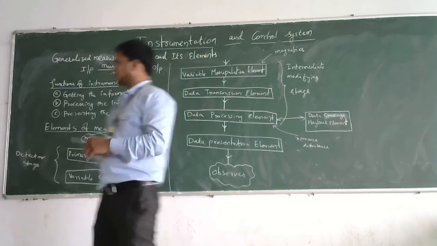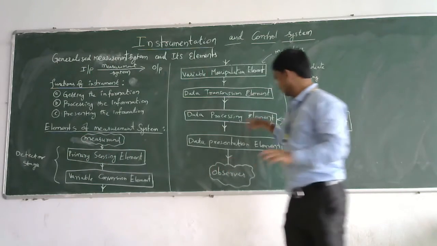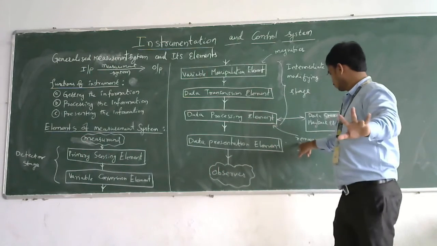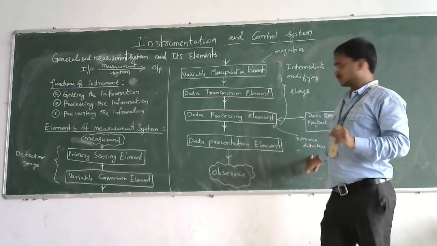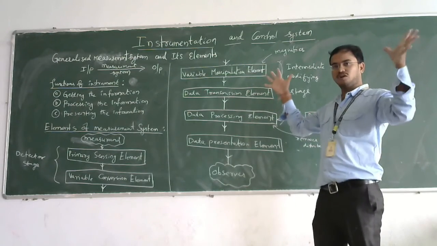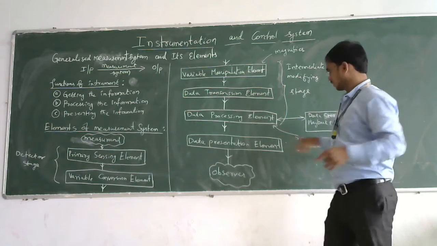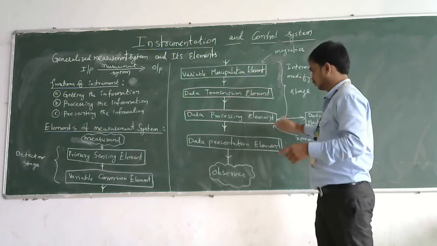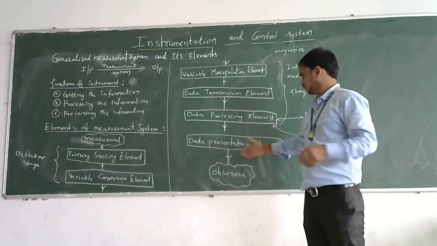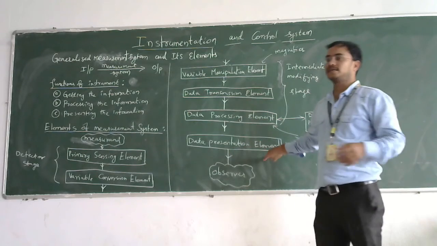It is very important. This data processing element's function is to remove disturbances like noise. If the signal is coming with a big noise, then it has to cut off that noise and produce a proper signal to the presentation element.